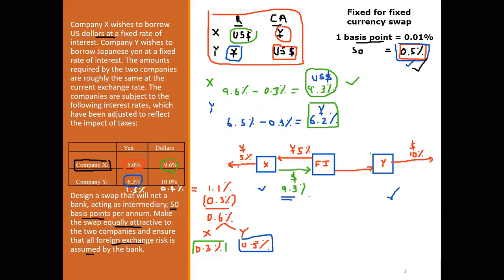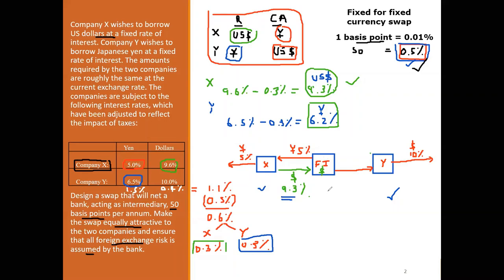So on this side of the swap that we designed, there will be no change on the side of X. But if you look at the side of Y, let's make a simple assumption that the financial intermediary is operating in dollars. Its operating currency is dollars.